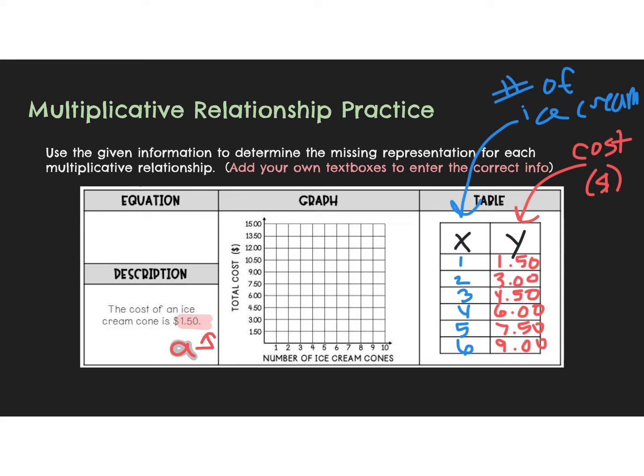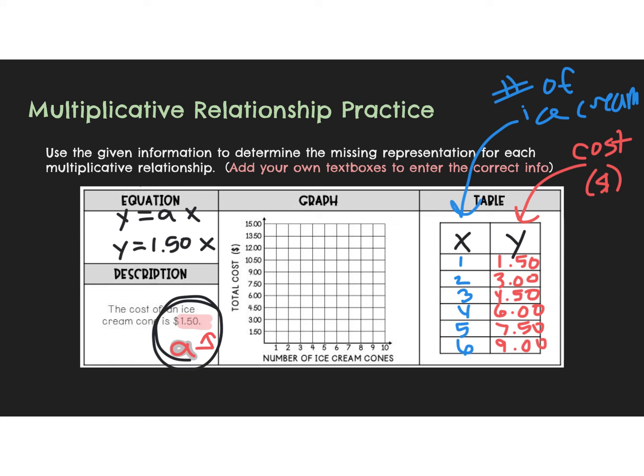For my equation, remember my equation needs to be in the form y equals A times X. In this case, the cost of an ice cream cone is $1.50, so I would do y equals $1.50 times X. That would be my equation, because we figured out down here that our constant is $1.50.